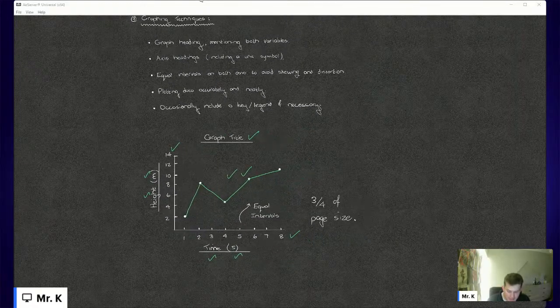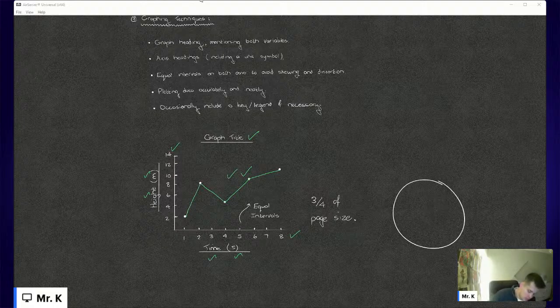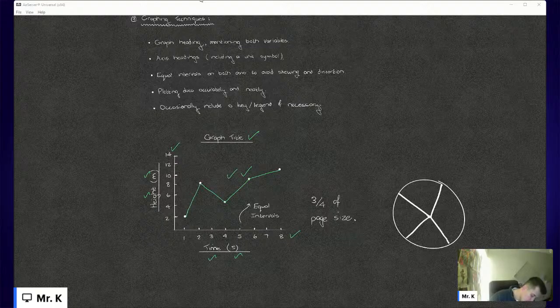So this is some of the information that you need to stick to when drawing bar graphs, histograms, line graphs, scatter plots, right? If I were to draw a pie chart, for example, although I wouldn't necessarily have bars, I would still go and use color coding, which I would need a key for, which would give me a mark.